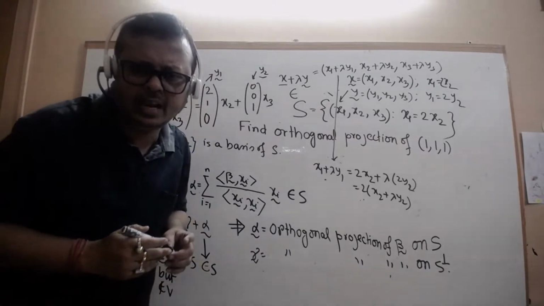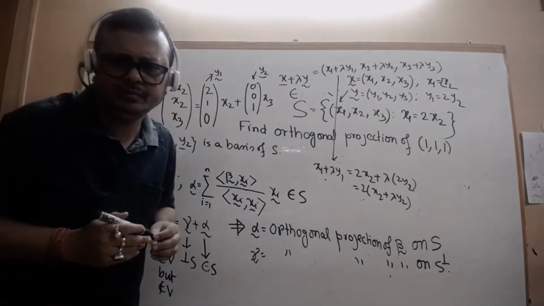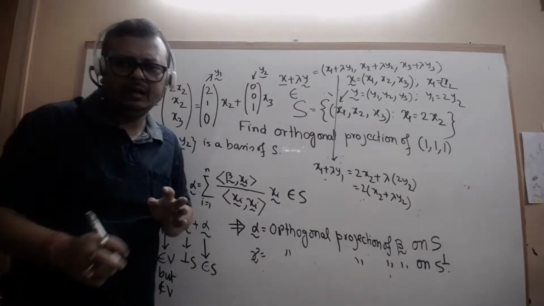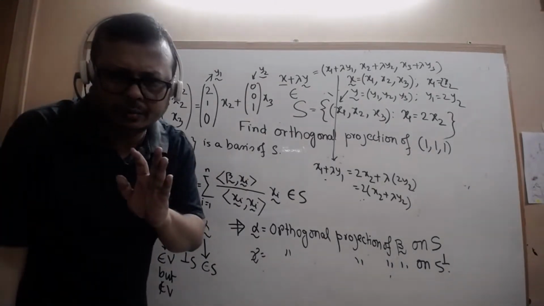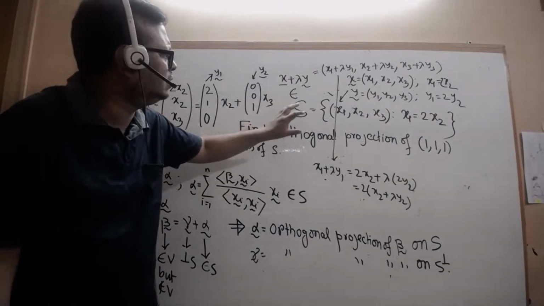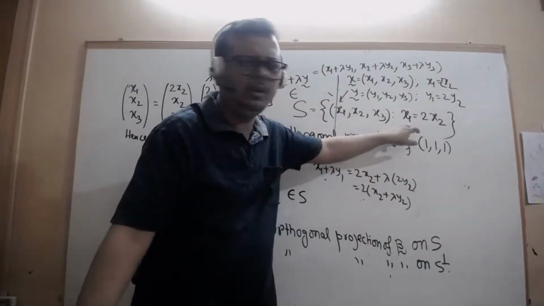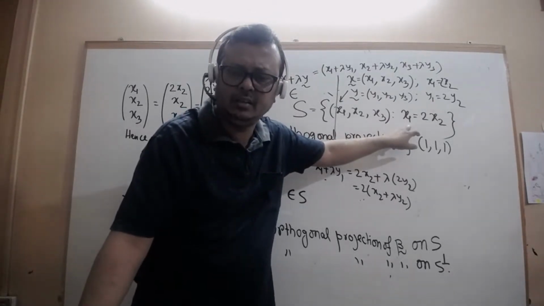All of you, please tell me, are you agree? S is a subspace consisting of the elements where x1 equal to 2x2 is satisfied.